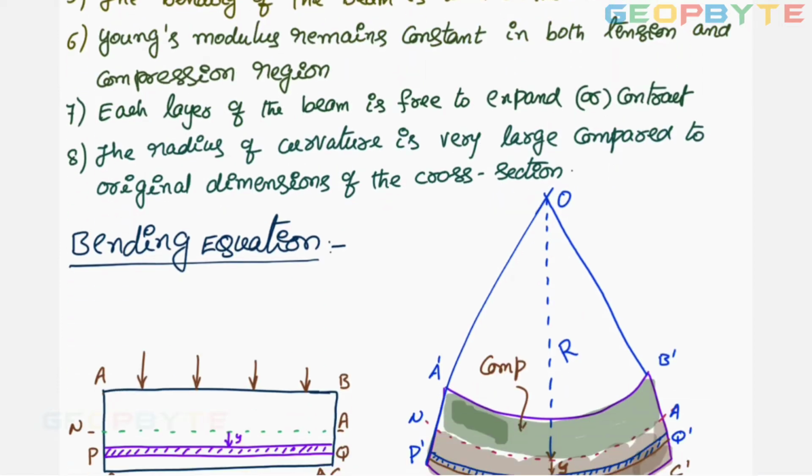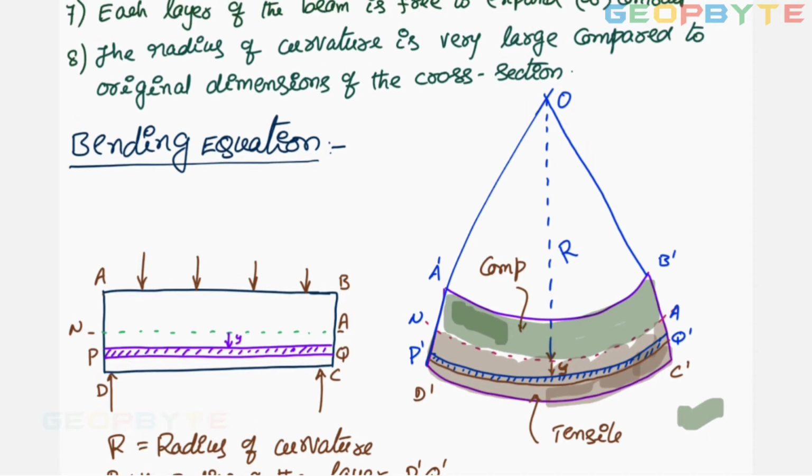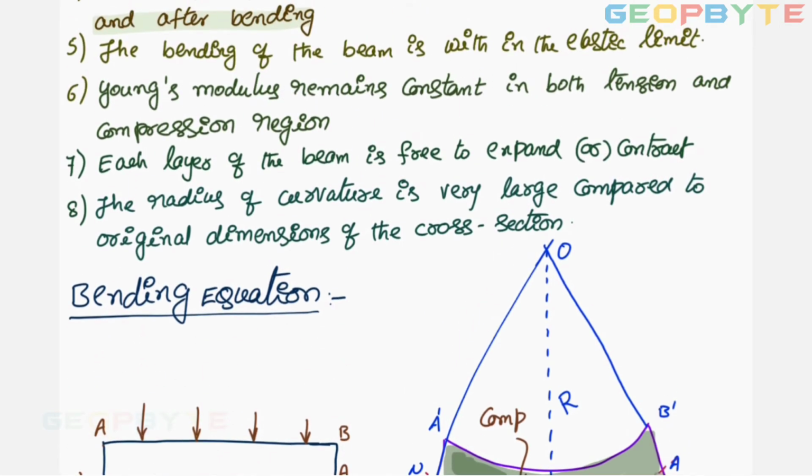You know, once the beam is loaded like this, the region above the neutral axis is subjected to compressive force and below the neutral axis it is subjected to tensile force. Though the upper part is under compression and the lower part under tension, the Young's modulus remains the same in both zones. And the next one, each layer of the beam is free to extend or contract.